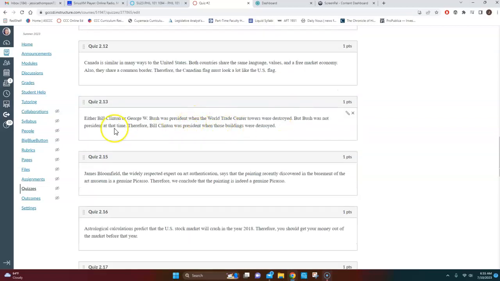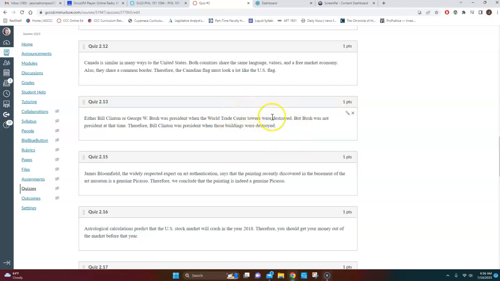Now let's answer this one. Either Bill Clinton or George W. Bush was president when the World Trade Center towers were destroyed, but Bush was not president at that time. Therefore, Bill Clinton was president when those buildings were destroyed. Remember, we're only talking about the logic here.